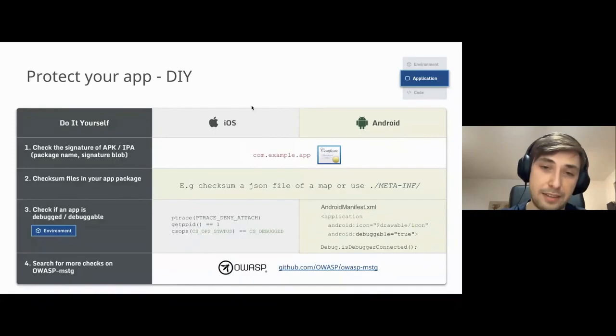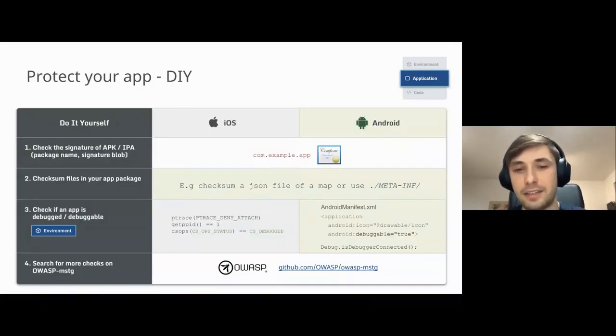So how do you protect against it? On iOS, you can check the signature of an APK. Well, you can also do it on Android. The main thing here is that you can check the package name at runtime. When an attacker resigns your application, they also change the package name.